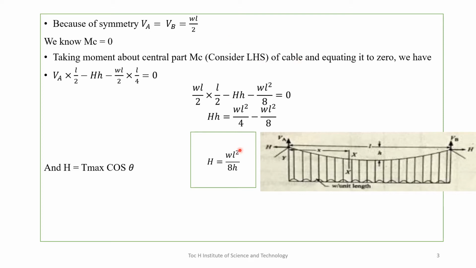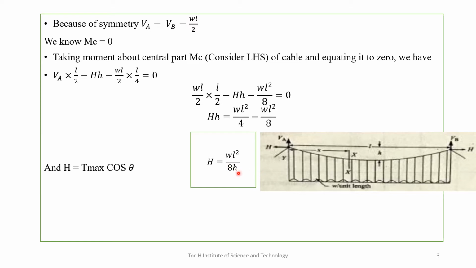Now, taking the moment about the central part, we get VA into L by 2 minus H into h minus wL by 2 into L by 4 is equal to 0, and from that, wL by 2 into L by 2 minus H into h minus wL square by 8 is equal to 0. From that you get H is equal to wL square by 8h.